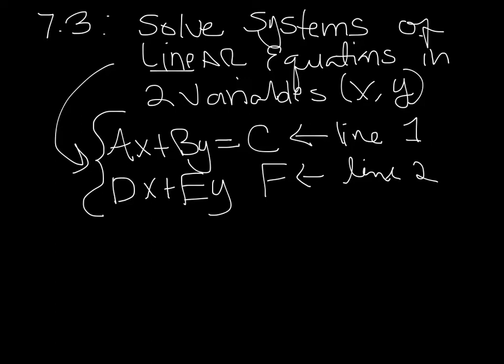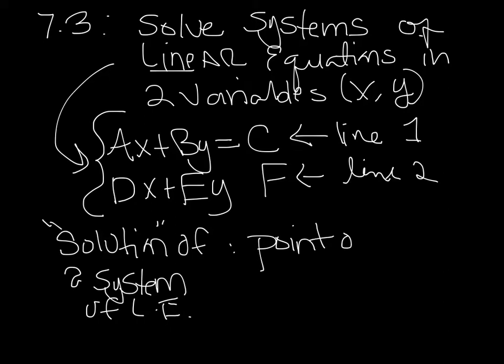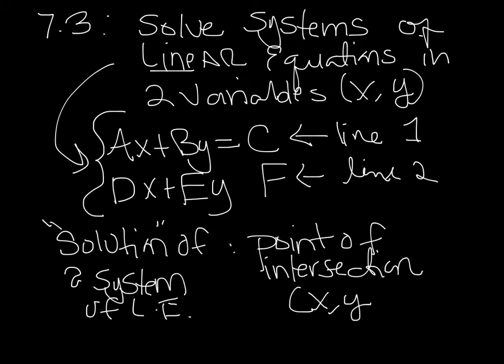So basically, you're going to graph the two lines, and the solution is going to be the point of intersection. So the solution of a system of linear equations is the point of intersection, and that's what we call our x comma y, our ordered pair.